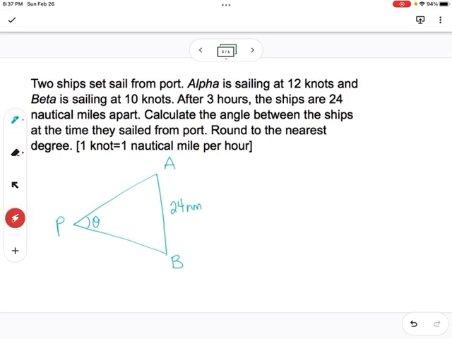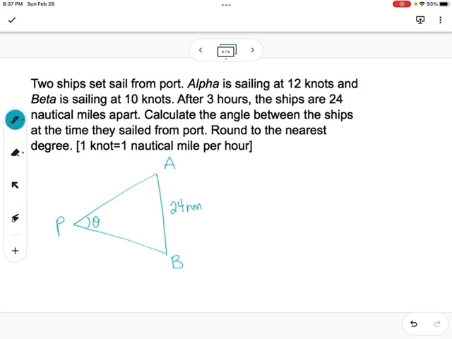Okay, so we noticed in the question we have knots, we have nautical miles, and it also tells us that they are sailing for 3 hours. So if 1 knot is traveling 1 nautical mile in 1 hour, we need to then calculate for 3 hours. So 12 knots is 12 nautical miles in 1 hour.